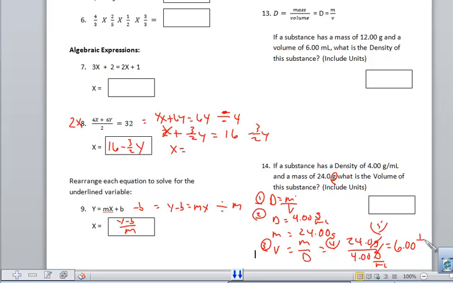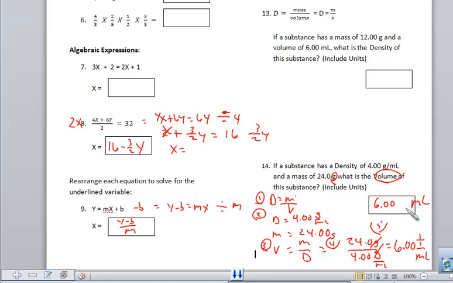So you have 1 over milliliters. As you refresh your algebra, you understand that 1 over 1 over milliliters will equal milliliters. And that is a good thing because we're solving for volume. So the volume here is 6.00 milliliters. Now in this case, significant figures are easy. We've got 1, 2, 3 and 1, 2, 3, so your answer has to be in 3.